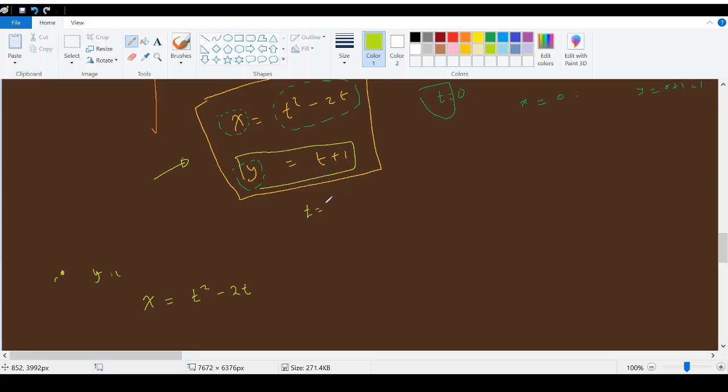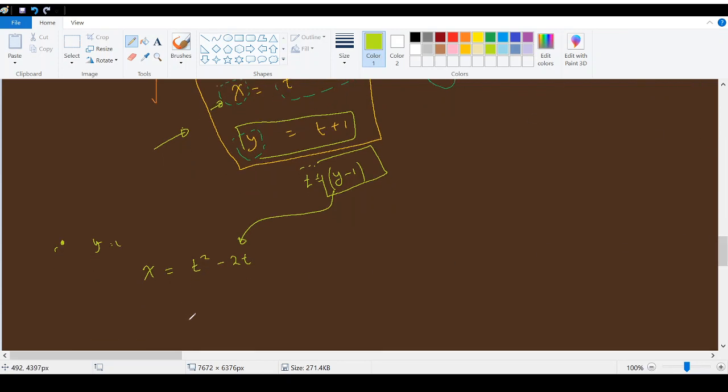If we do that, t will be y minus 1. So instead of t we can use y minus 1, and that's what we are going to substitute in the first equation.